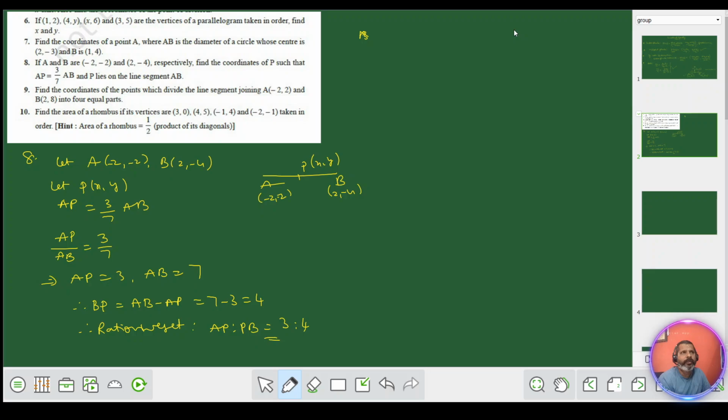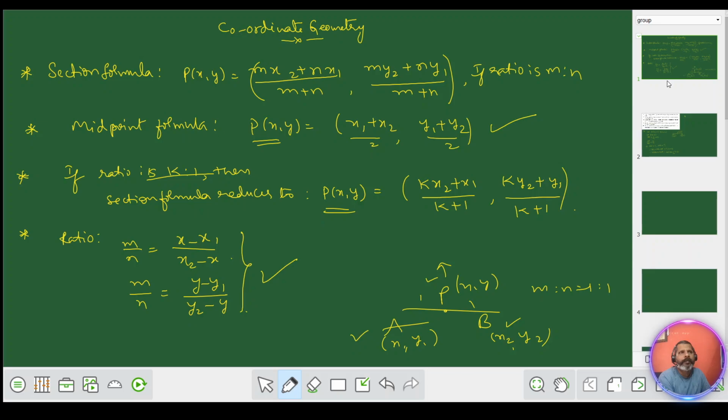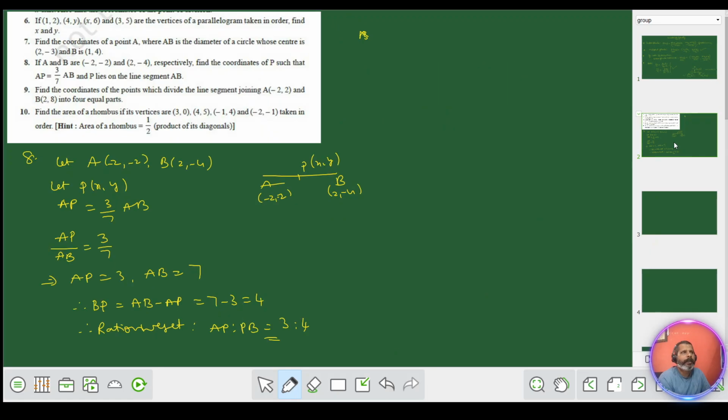P of xy equal to mx2 plus nx1 by m plus n, my2 plus ny1 by m plus n.